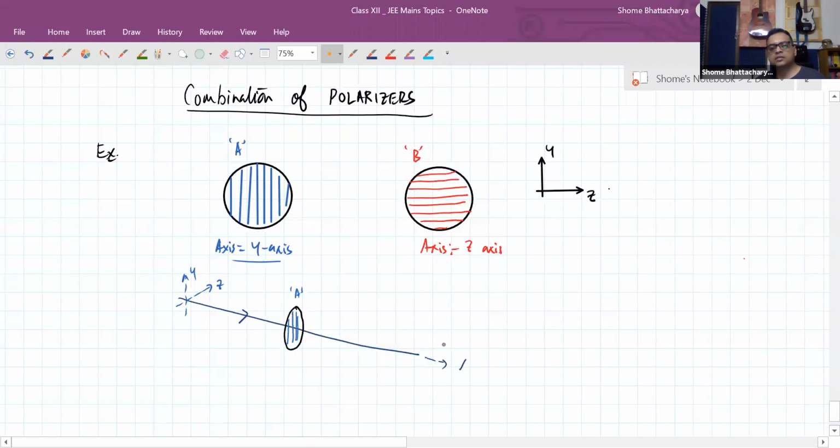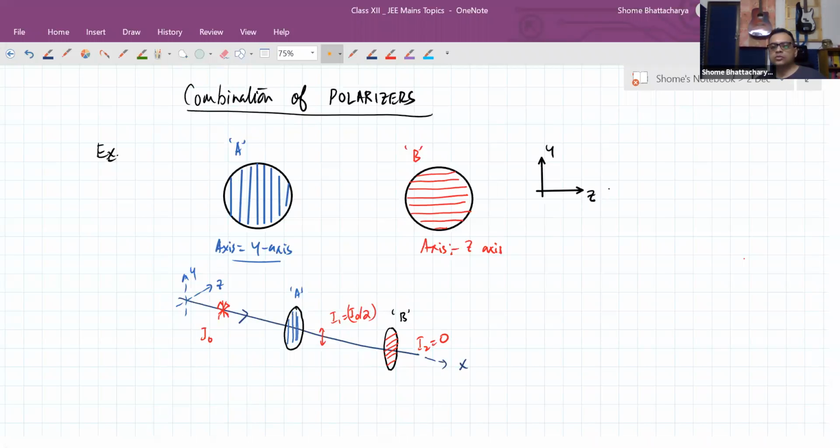These are x-axis. If this is unpolarized light, of intensity I naught, then what will come out on this side is polarized light of intensity I naught by 2. Now if I pass this light, which is polarized along the y-axis, through the second polarization filter, whose polarization axis is only the z-axis, what will I get on this side? I'll get zero intensity.